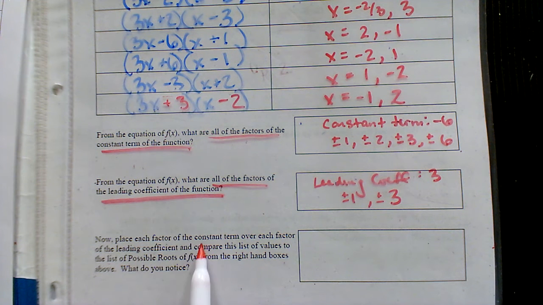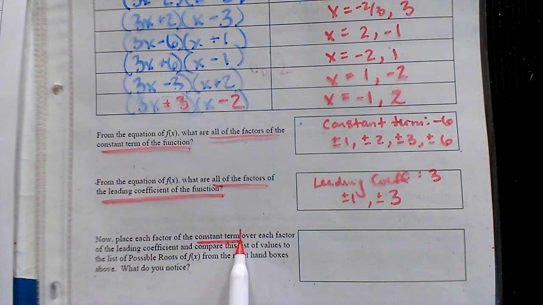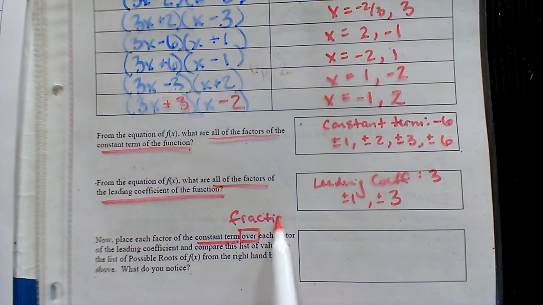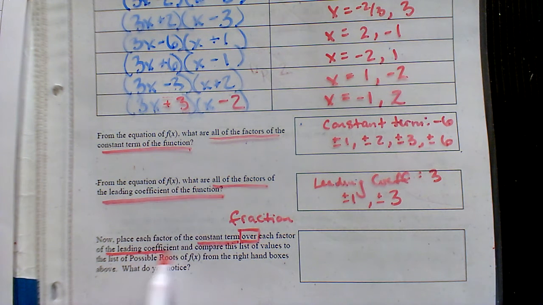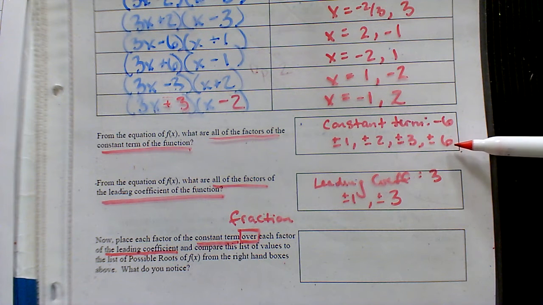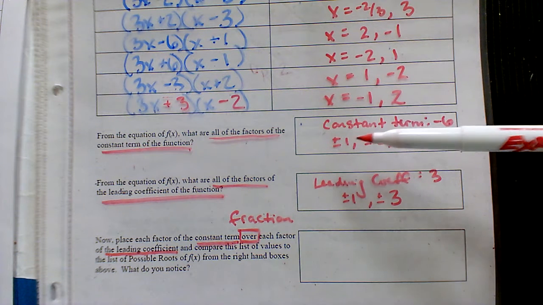Now place each factor of the constant term over, meaning some type of fraction, each factor of the leading coefficient. So we're going to take these possibilities from the constant divided by these possibilities of the leading coefficient. Let's go through the different combinations.